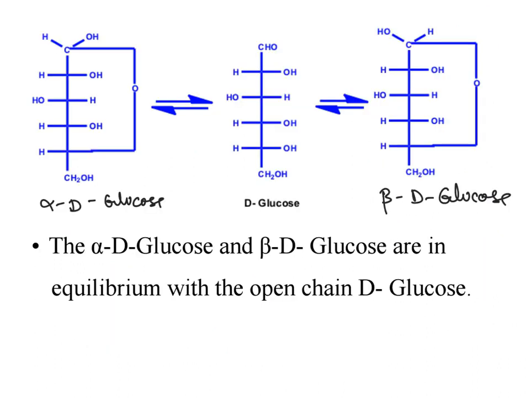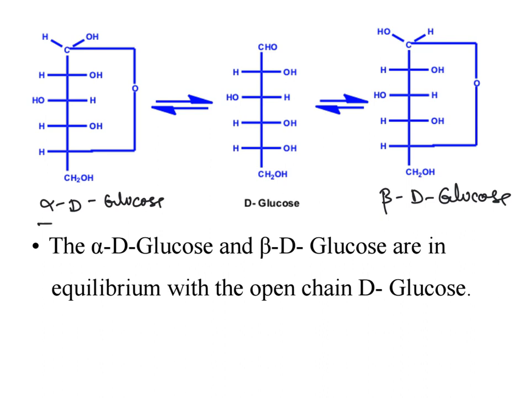So why do we observe mutarotation in the glucose case? This occurs because of slow interconversion of one form to another via the open chain form, and this process continues until a dynamic equilibrium is established.